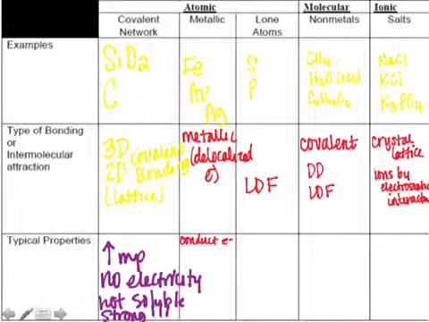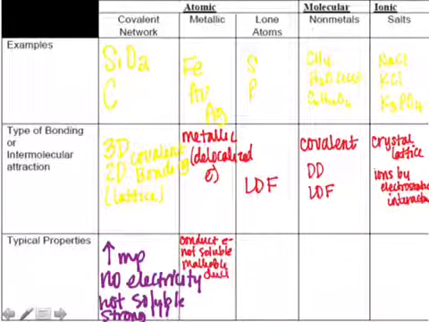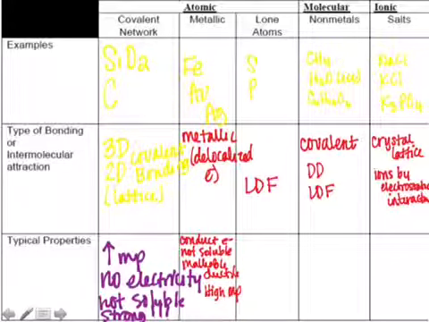Malleable, ductile, high melting point. What about lone atoms? These guys have low melting points and they're highly volatile.